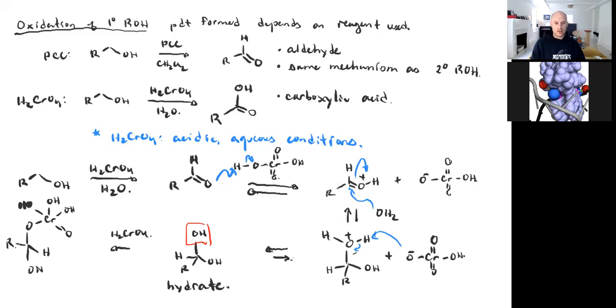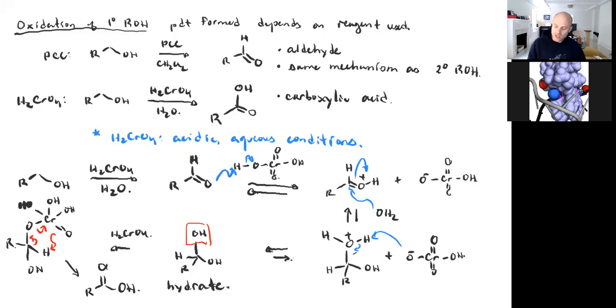Like that, okay? And then this species is going to do its decomposition just like an alcohol to give you your carboxylic acid. So I'm running out of room here.